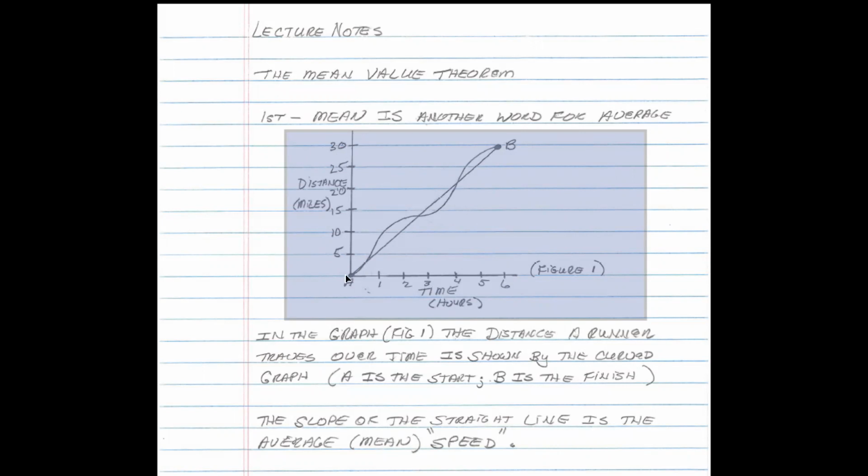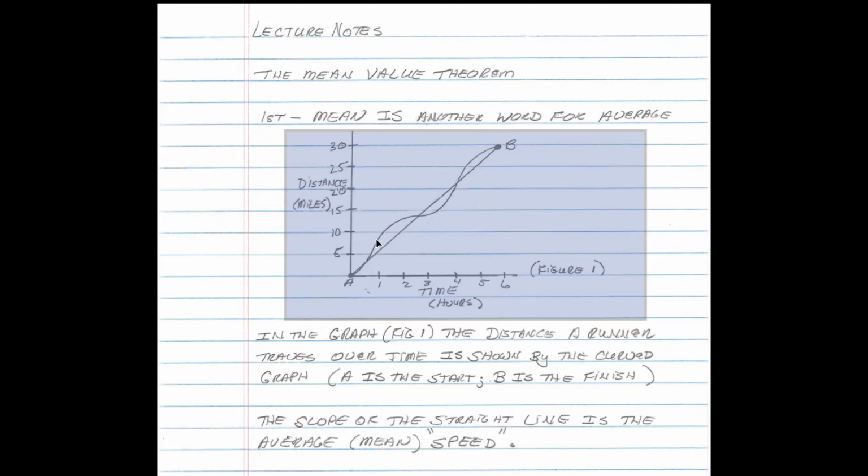Well, that happens to be the slope of the line joining the starting point A with the finishing point B. Now remember, this is just a rough, crude graph here. The slope of that line is the average velocity.